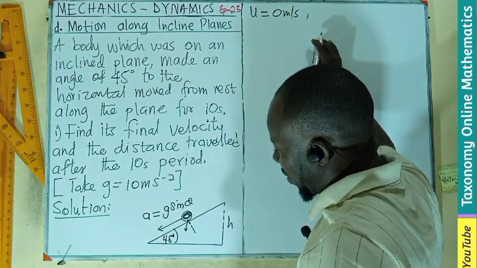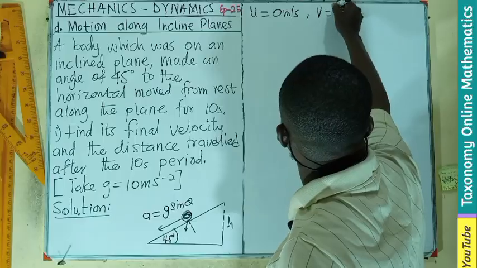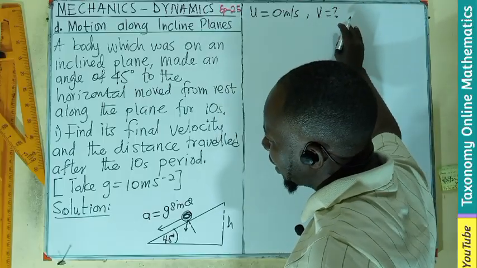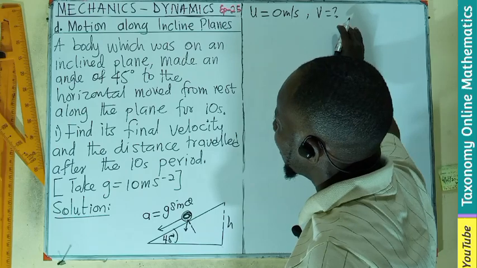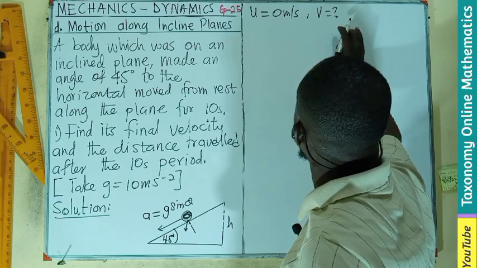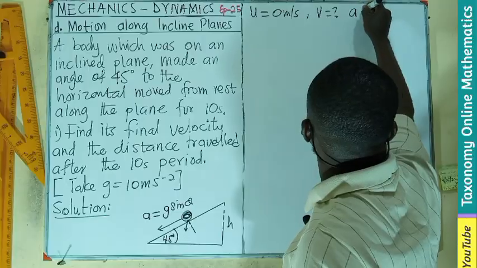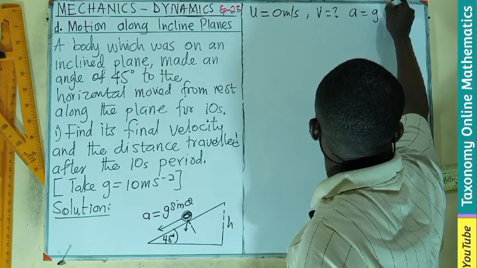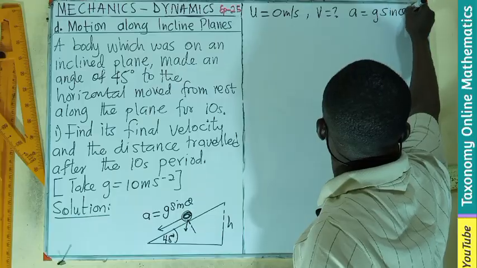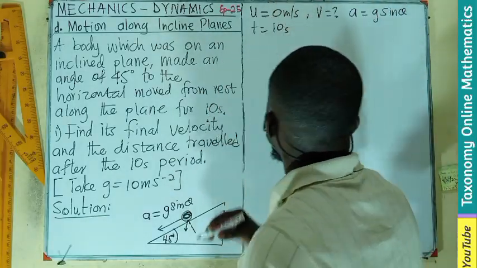So here, the initial velocity is 0 because it's coming from rest. We are looking for the final velocity, so the final velocity is unknown. The acceleration is given by g sine theta, and the time is 10 seconds.